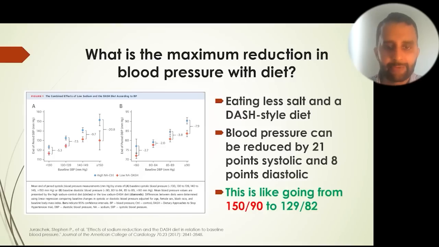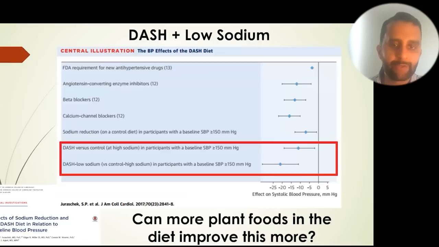Ultimately, in this secondary analysis, the researchers went on to write that this is actually a bigger reduction than many blood pressure medications that are out on the market. And they provided this graph, and you can see that they compare the DASH diet, which is this one here, to other types of medications. So the FDA requirement for a new blood pressure medication is relatively small. And then they provide examples of blood pressure reduction of various medications that are commonly used already by providers, including myself.